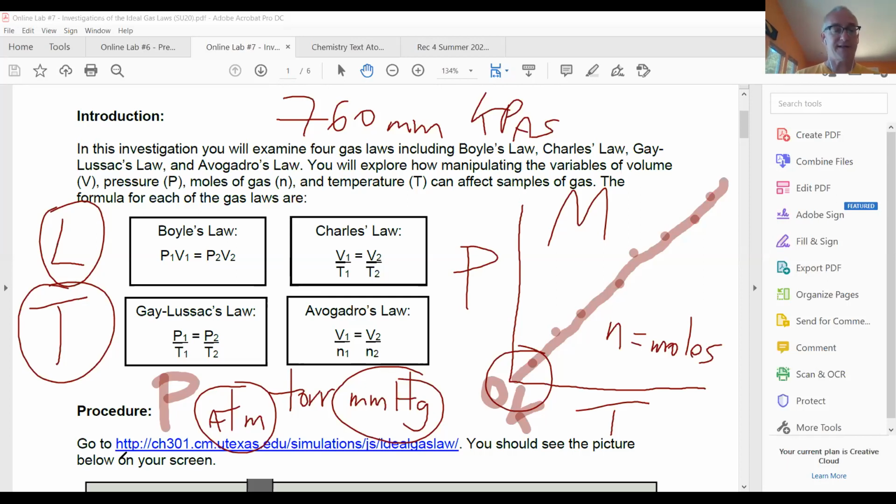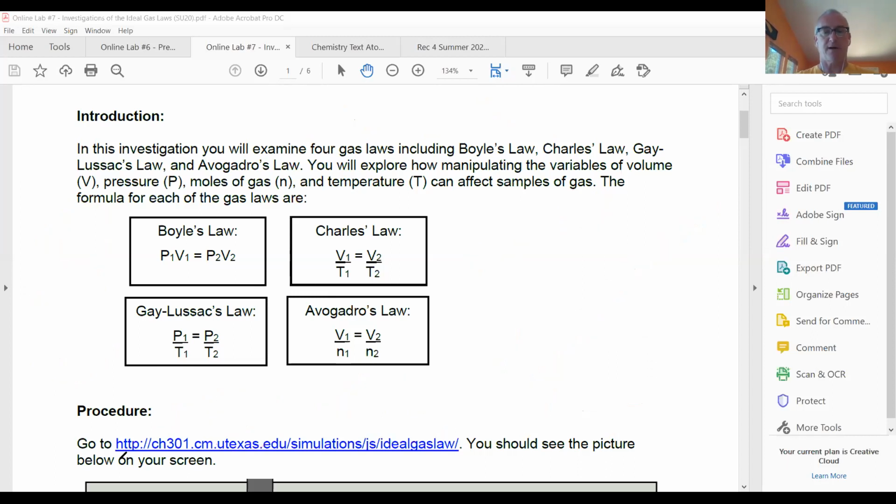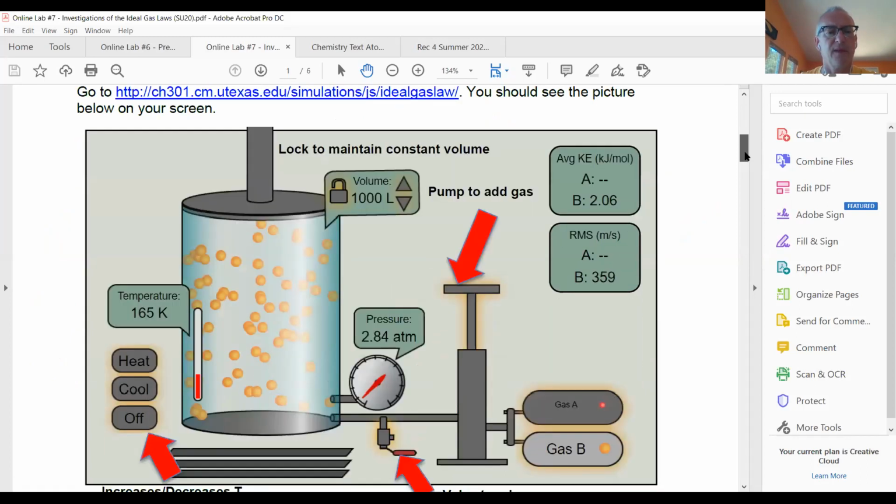Anyway, let's have a look at the experiments we're going to do. These are kind of fun. Here's the website. Can everyone get to the website? Hopefully it'll work for everybody.